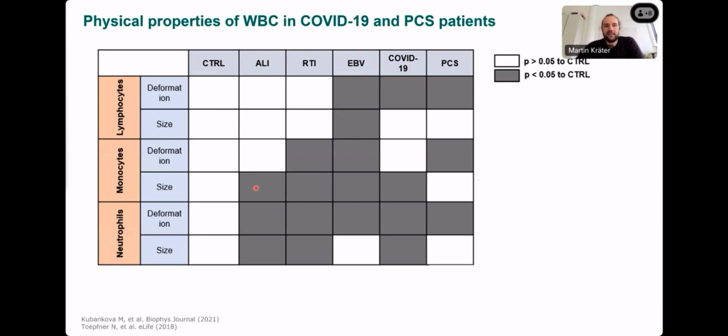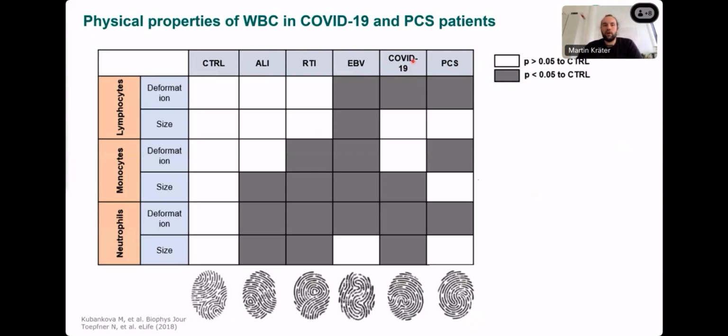And what you can clearly see is that even though these diseases present very similarly in the clinics, they have clear fingerprints of the disease state.